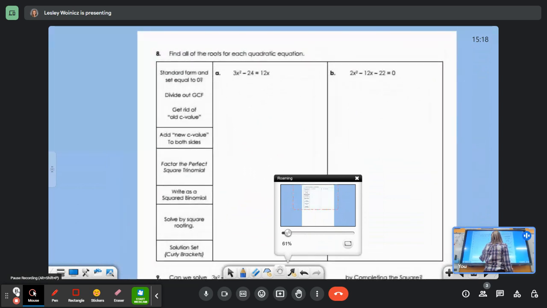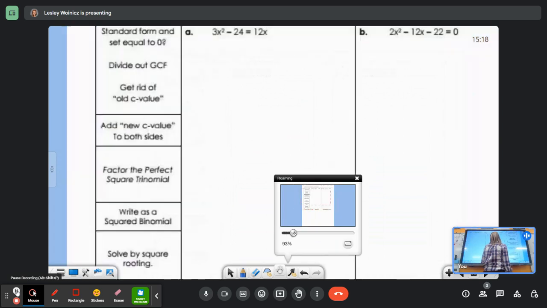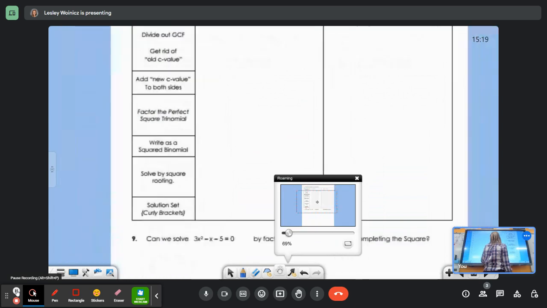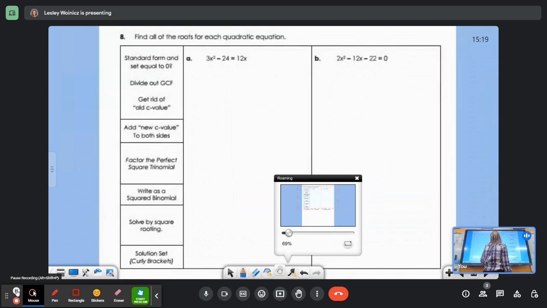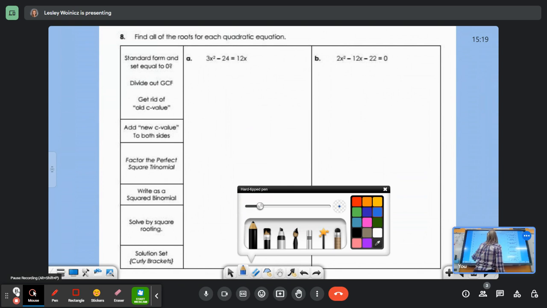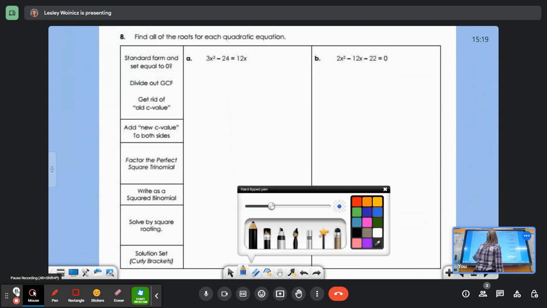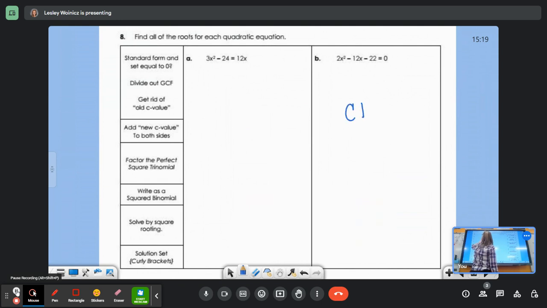So after we did factoring, the next thing we learned about was completing the square. Everybody's favorite. What are our requirements for completing the square? What can you tell me about the A value?